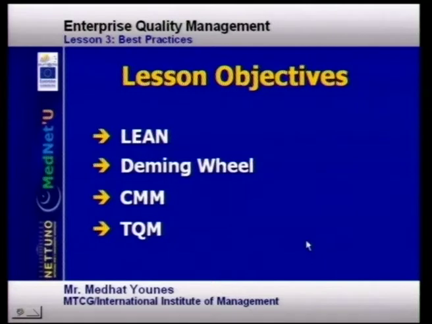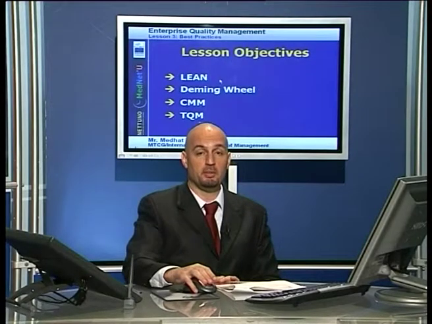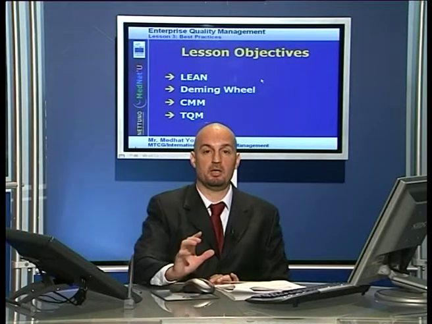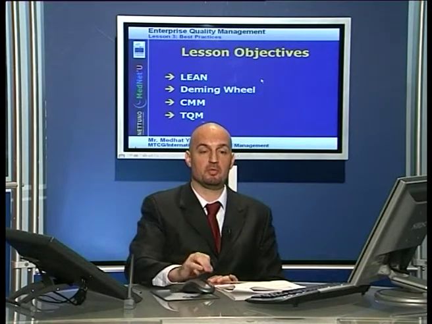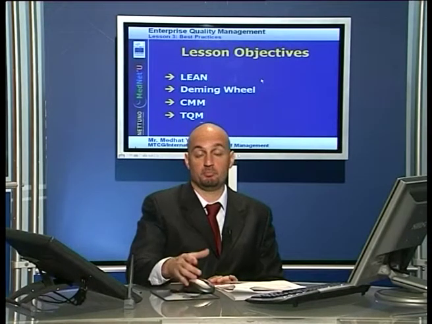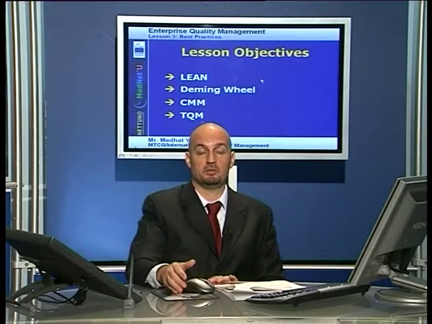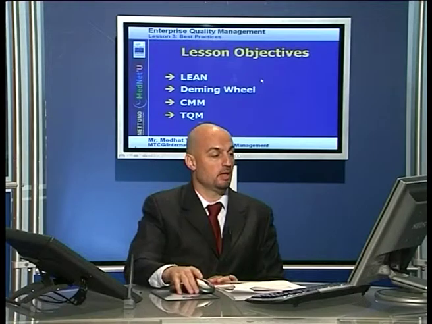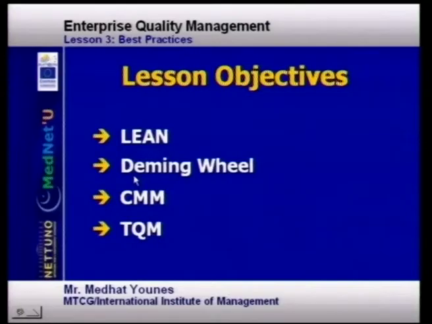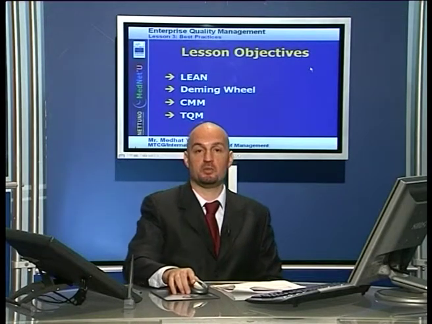Let's summarize and recap what we have covered in this lesson. We covered lean manufacturing and its main objectives of removing any waste from processed materials and people, for that matter, anything that does not contribute to adding value to the customer. We also discussed the Deming wheel, and at the center of the Deming wheel is continuous improvement.